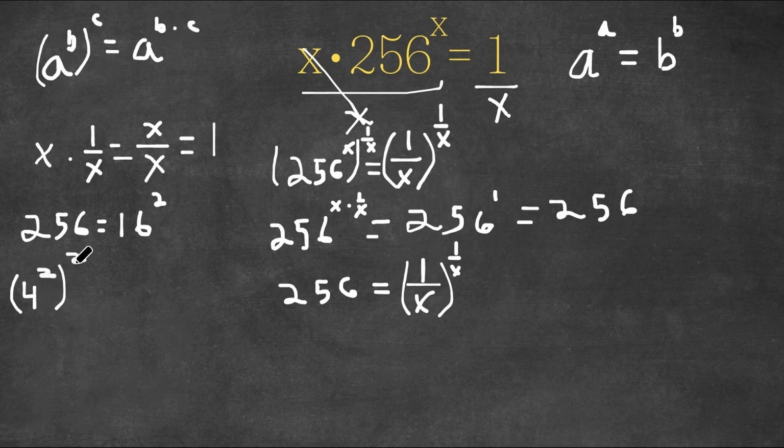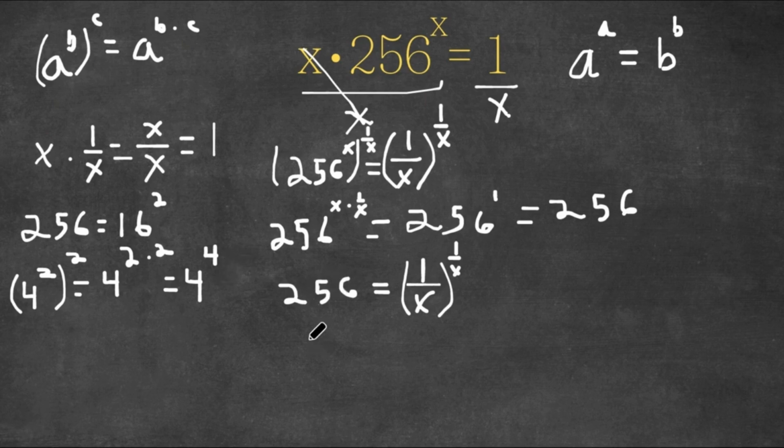Well, 4 to the power of 2 to the power of 2 would equal 4 to the power of 2 times 2. And 2 times 2 is 4, so this would be 4 to the power of 4. And as you can see, now this is in the form a to the power of a.